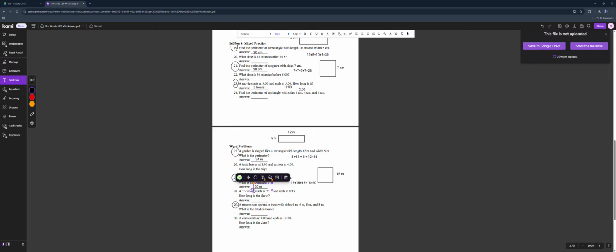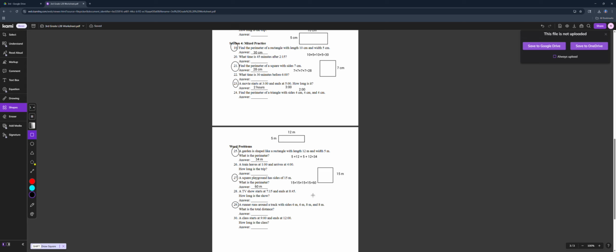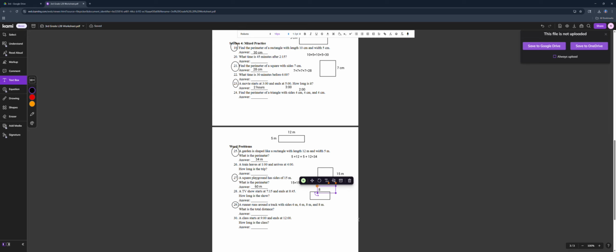At 29, a runner runs around the track with sides 6 meters, 6 meters, 8 meters, and 8 meters. This is basically a rectangle with the top and bottom being the longer side, so it'll be 8 meters, 8 meters, and then the width being the shorter side, 6, 6, and then we need a total distance, so we're going to add all four of these sides.